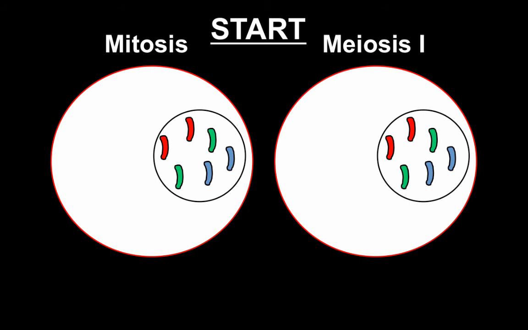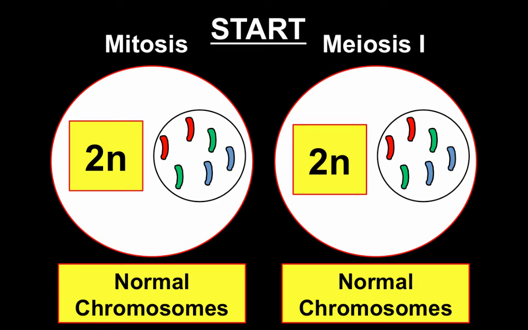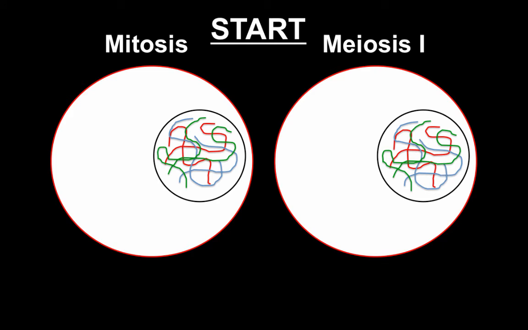All right, so we're going to look real quick at comparing how mitosis and meiosis actually occur. So remember, we're going to always start with a 2N cell. And in this case, these have normal chromosomes. Now, really it looks more like this. The chromosomes are going to be unwound, and the DNA is just going to be floating around.